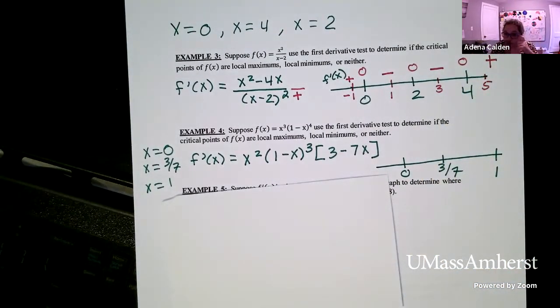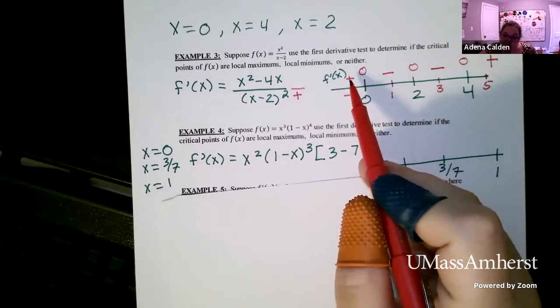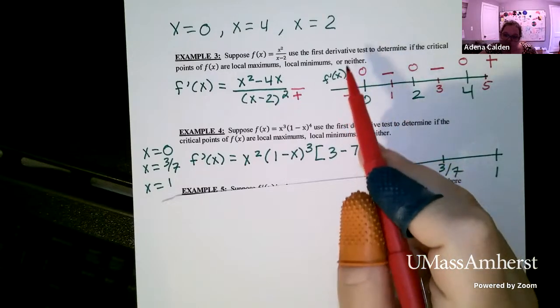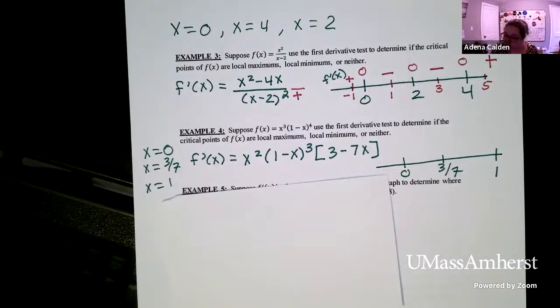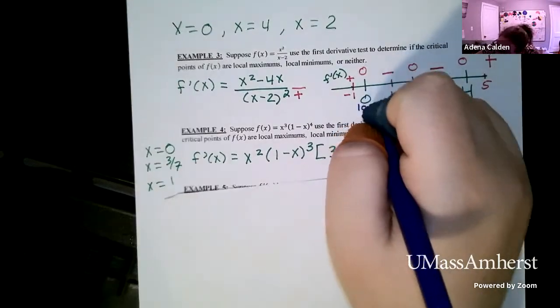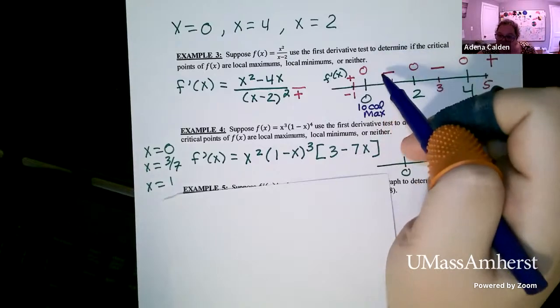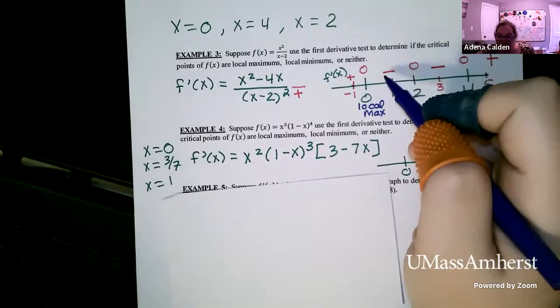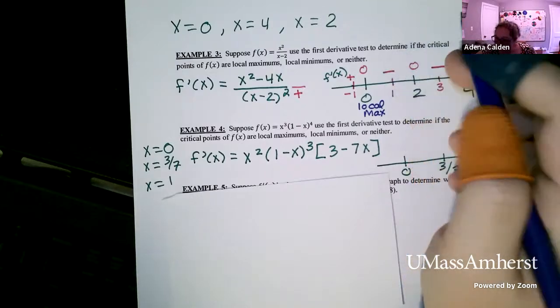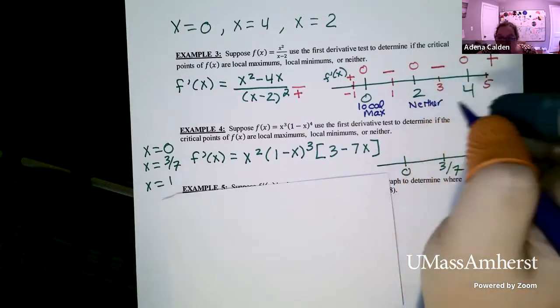So what does that tell me? That tells me that at 0, my derivative is changing from positive to negative, so increasing to decreasing, which tells me that my critical point of 0 is a local max, because we went from positive to negative. At 2, I see we go from negative to negative. So that means the sign did not change, and so I don't have a local max or a local min.